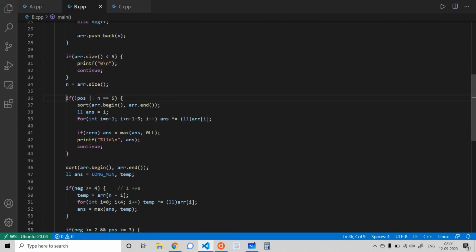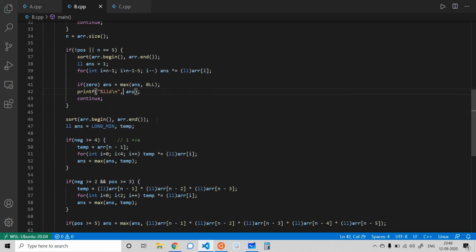In this case, if I see there are no positive numbers in my array, then I simply take 5 negative numbers that have the least magnitude, and I find their product. Again, I see if there are any zeros in my array or not. If there is a 0, the answer can be 0 in that case. Otherwise, the answer I am getting by multiplying 5 negative numbers.